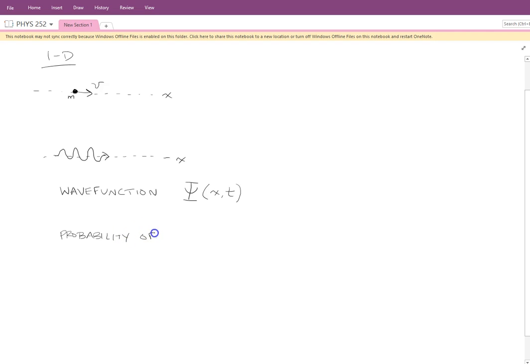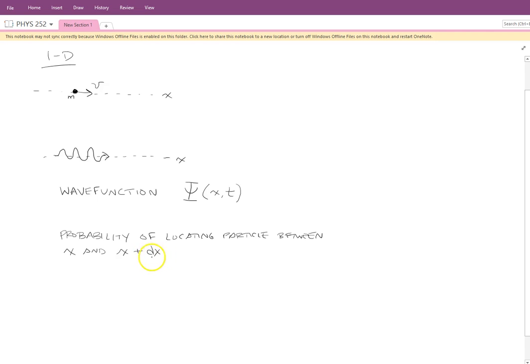The probability of locating the particle between position x and position x plus some tiny dx. So you can see that this looks like calculus might be involved. So dx just represents some very tiny delta x, right?